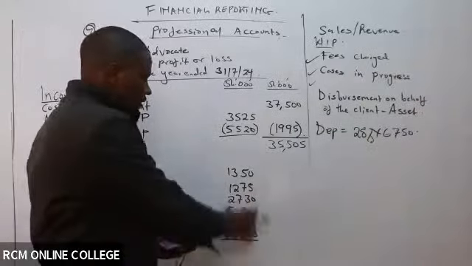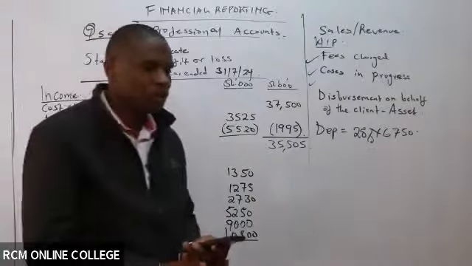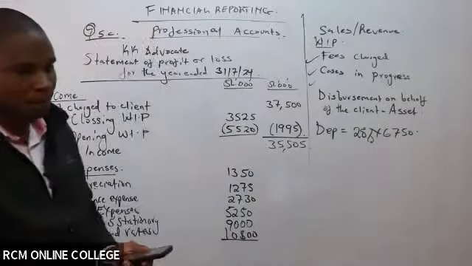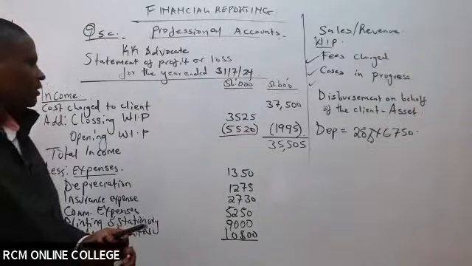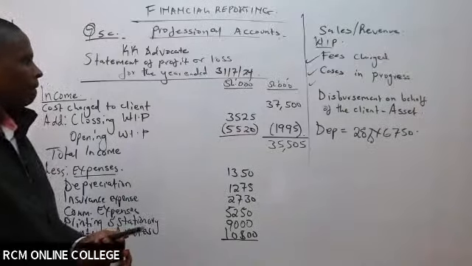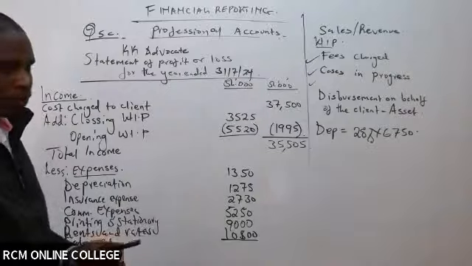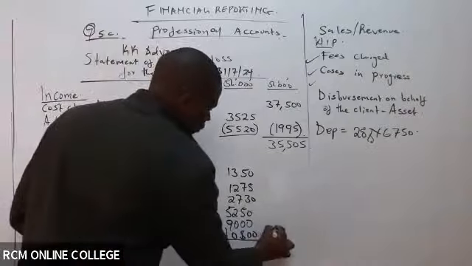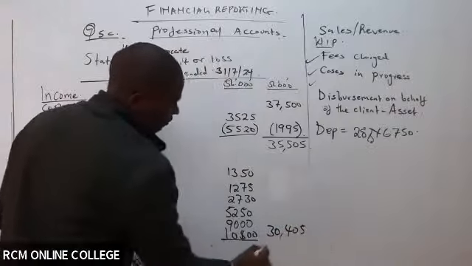Total expense, just add all this. $30,405. 30,405, right?